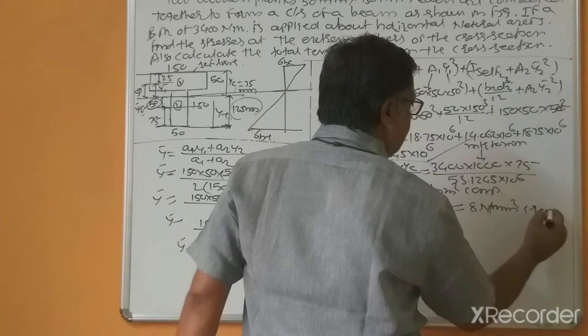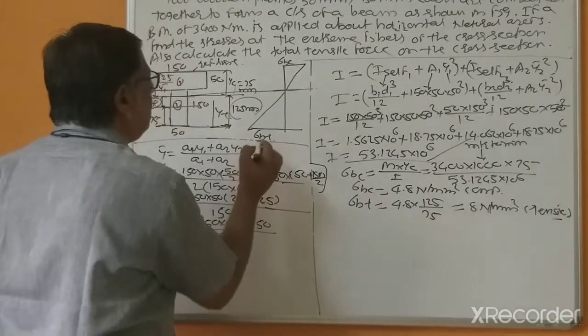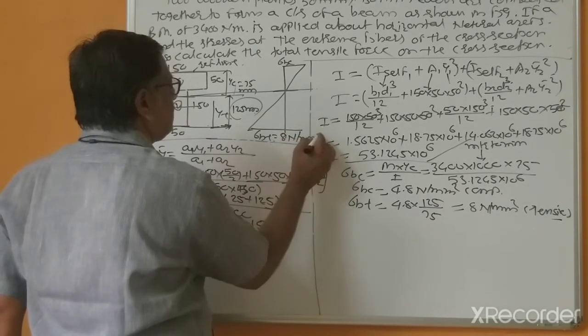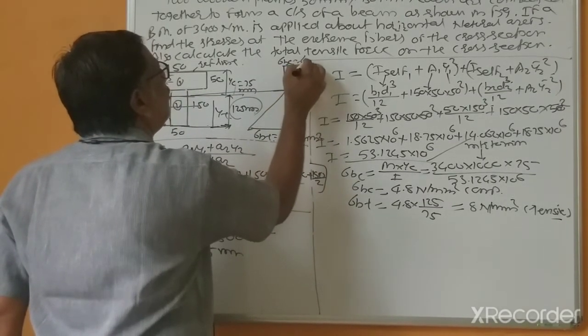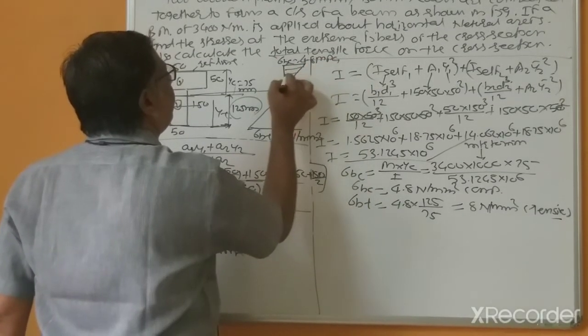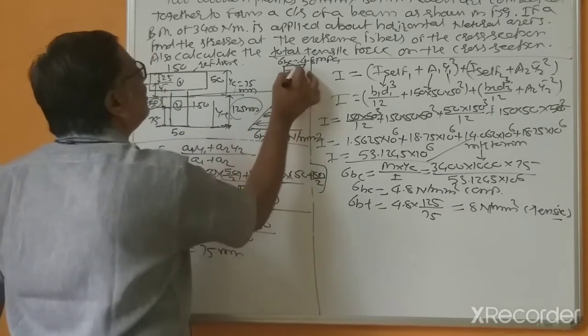And this is tensile. So that's why sigma BT equals 8 Newton per mm square, and sigma BC equals 4.8 megapascal. So try to understand this.